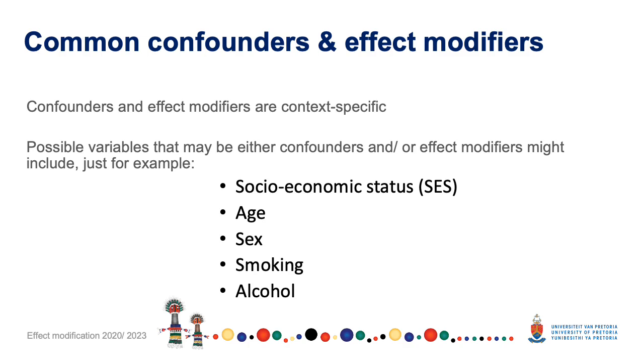And some common ones that are often used: age, sex, smoking, alcohol use, socioeconomic status, and so on. These are pretty generic, but when you have a particular situation, you'll also have very specific possible effect modifiers and confounders present.